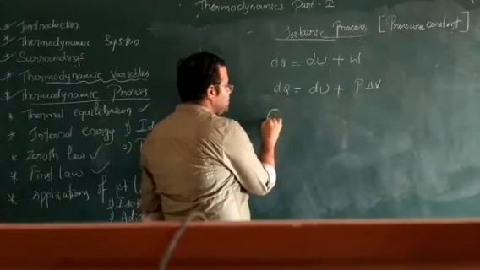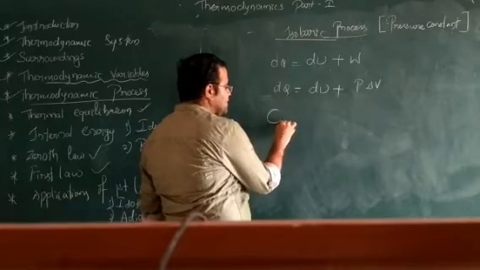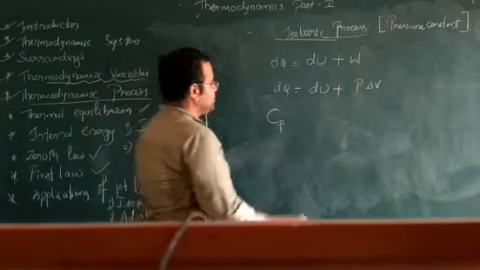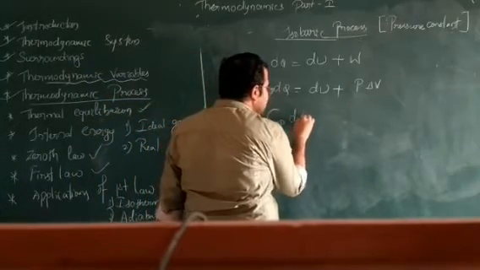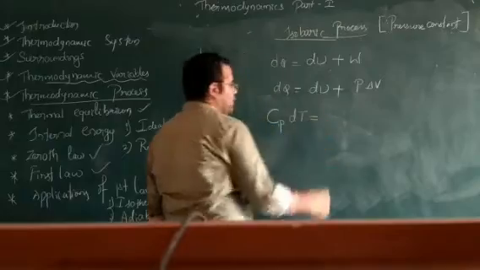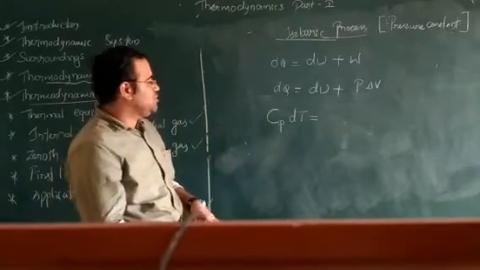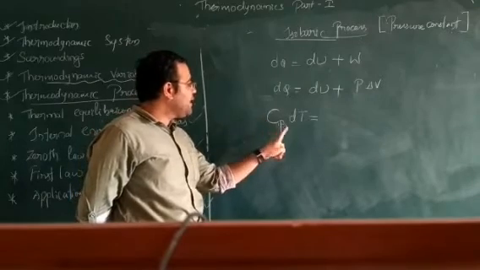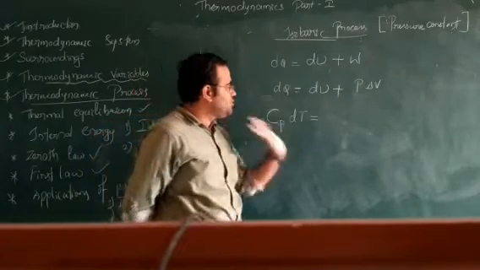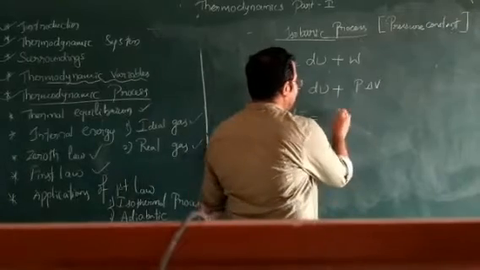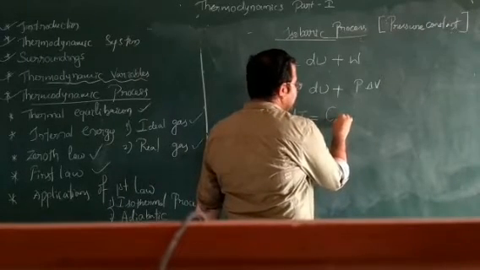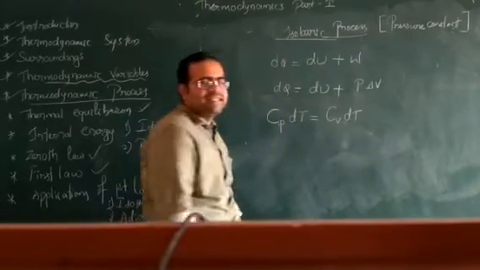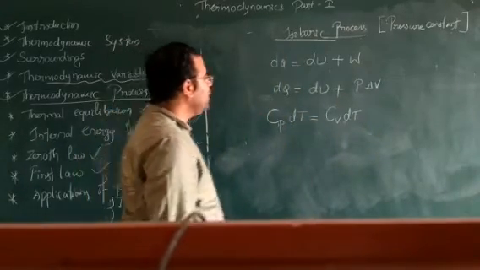So for a given change in temperature, Cp represents the specific heat capacity at constant pressure. Next, du can be taken as the specific heat capacity at constant volume, that is Cv multiplied by dT.